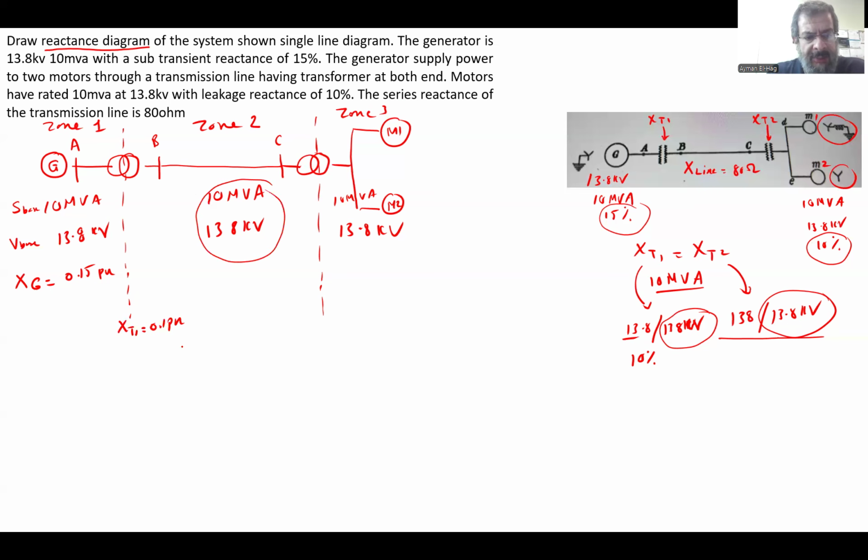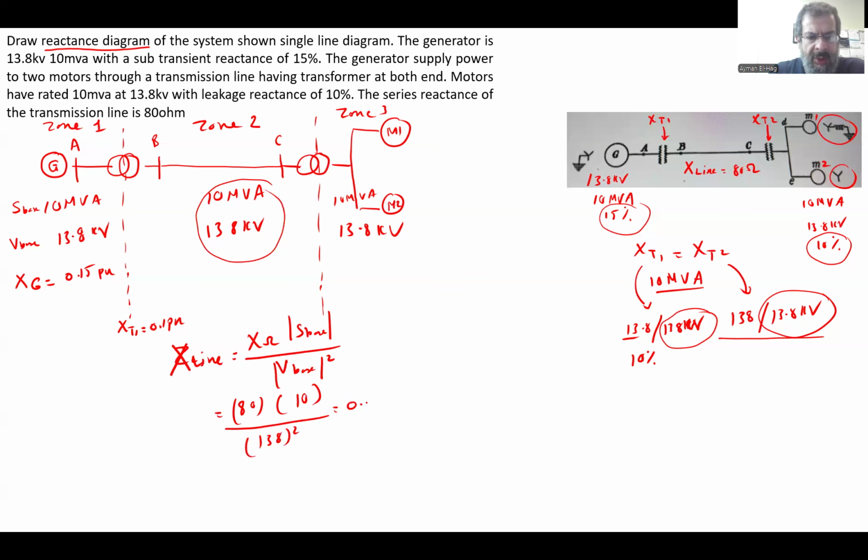So your Z line, or X line to be more specific, is equal to X in ohms times S base over V base squared. It is equal to 80 times S base in MVA, which is 10, divided by V base in kV, which is 138 squared. This gives you 0.042, or 4.2%.